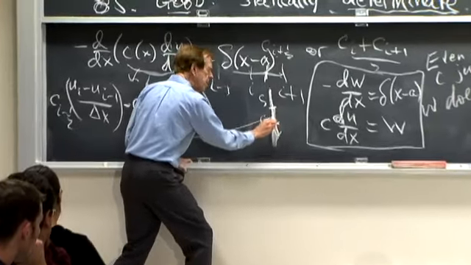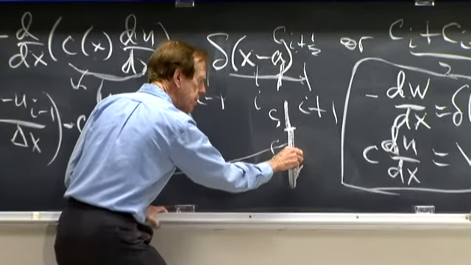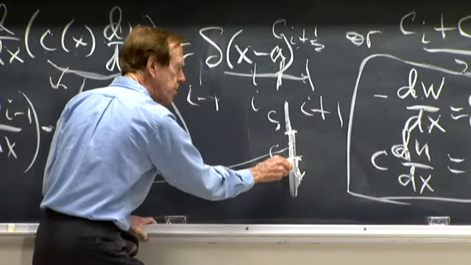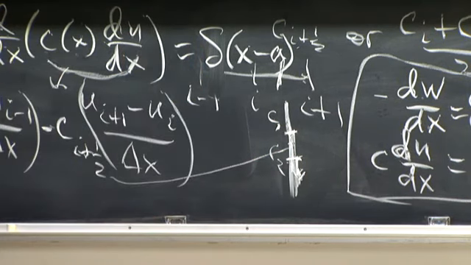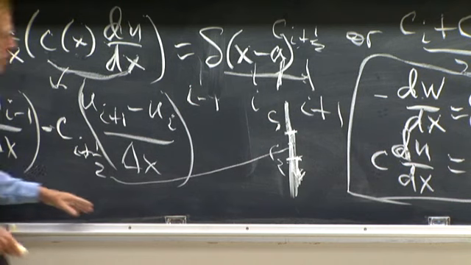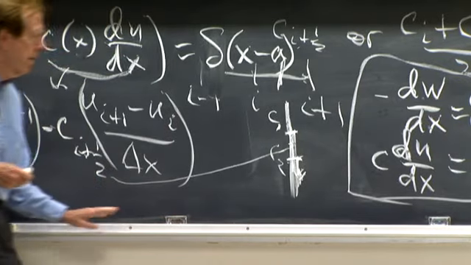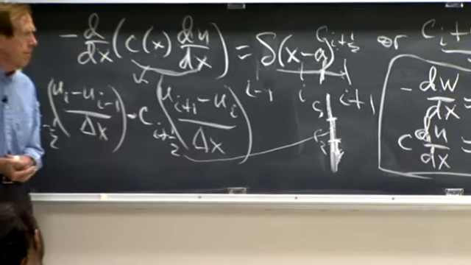So the balance there and the balance there aren't equal. There's a jump because of the point load being put there. So that produces a jump in W, but not a jump in U. The bar is still holding together.